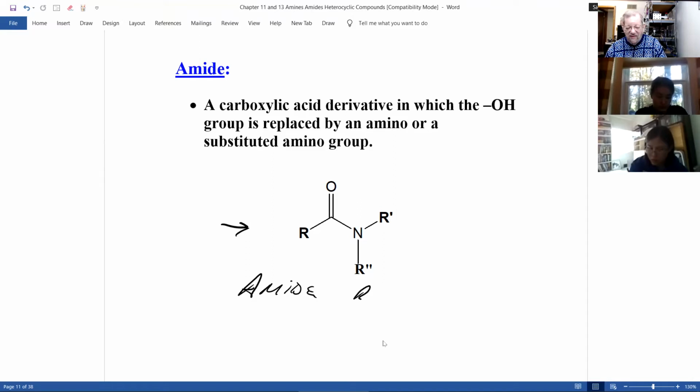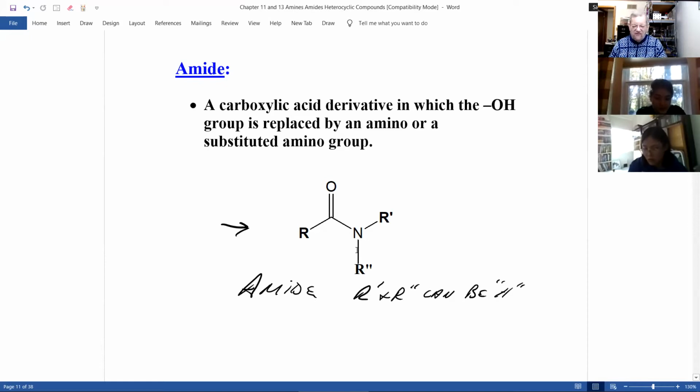And remember, just like I've said before in amines, R prime and R double prime can be hydrogen. Now, if you notice, an amide is like an amine, it has 3 bonds to nitrogen.